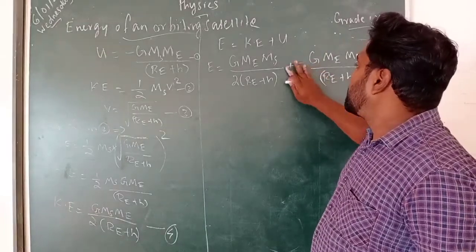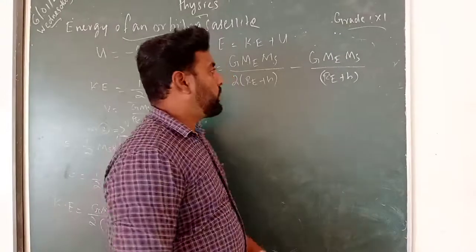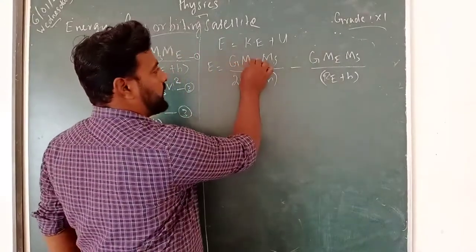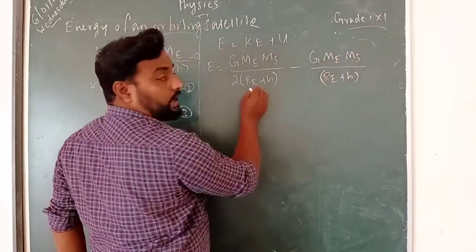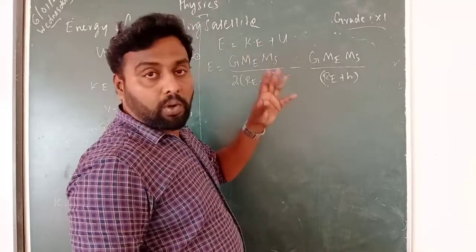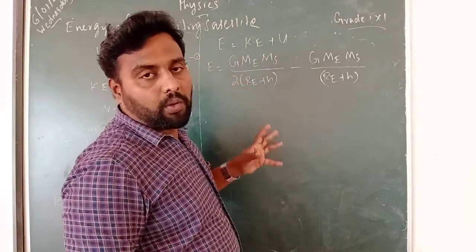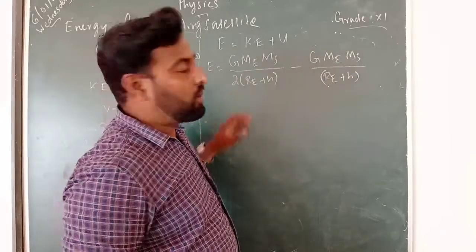Plus into minus is minus. Now we have to add. Before adding, G Me Ms in both terms, and Re plus H in both. So G is common, Me is common, Ms is common, Re plus H is common, so take this term outside.